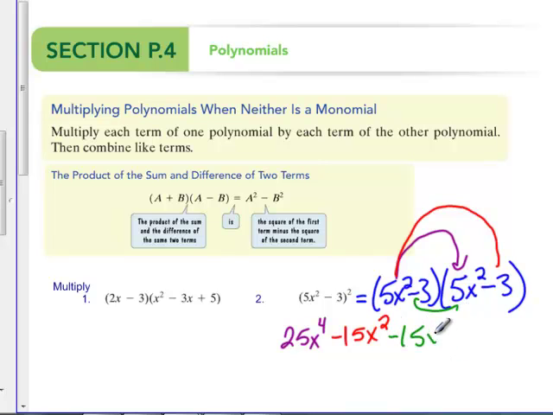Negative 15x squared. And then our last one, the negative 3 times the negative 3. Positive 9. We need to combine like terms anytime we can. And this time we can. So the 25x to the 4th stays. Negative 30x squared. Thank you. And then just the plus 9, right? That one okay?